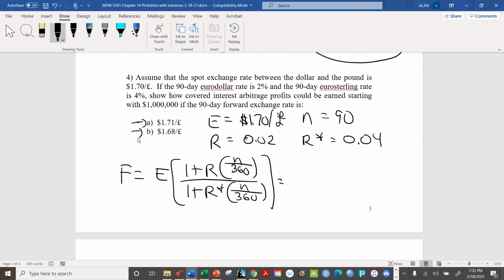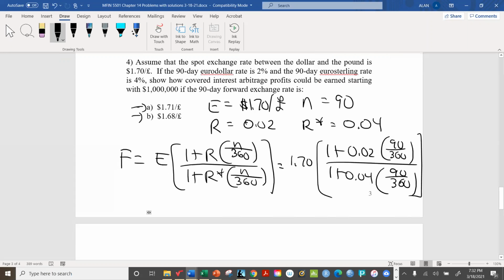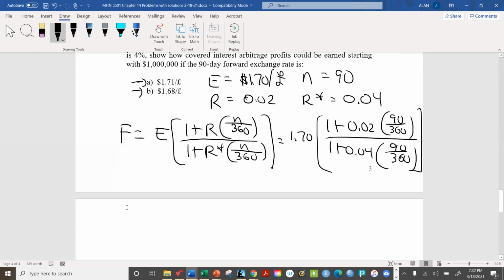Okay, so we'll have 1.70 times 1 plus 0.02 times 90 over 360. And here we have 1 plus 0.04, and this one is, again, 90 over 360. All right, so basically we're dividing both of those interest rates by 4.